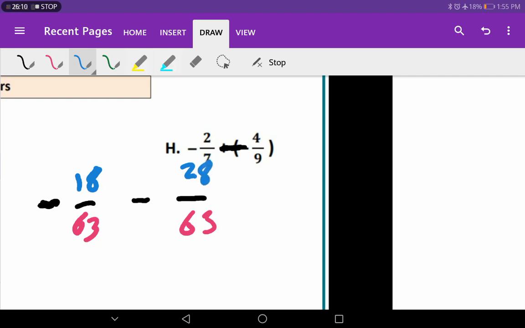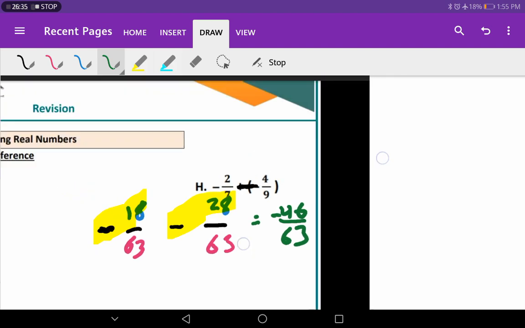So 18 for Hamada, and this is for Hamada also. So it is equal to 30, yes, and 46. Yes, it is 46, but negative, so negative 46 over 63. This is the answer.